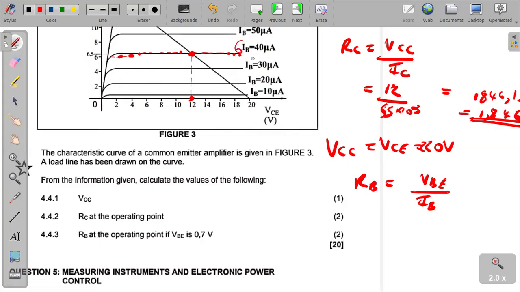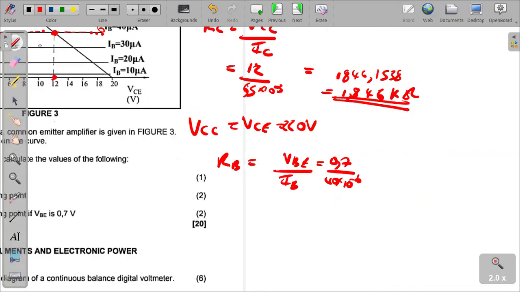So it's going to be 0.7 that we've been given divided by 40 times 10 to the power of -6, because it's microamperes. So 0.7 divided by 40 times 10 to the power of -6 gives us 17,500, which is apparently 17.5 kilo ohms. So we've calculated that.